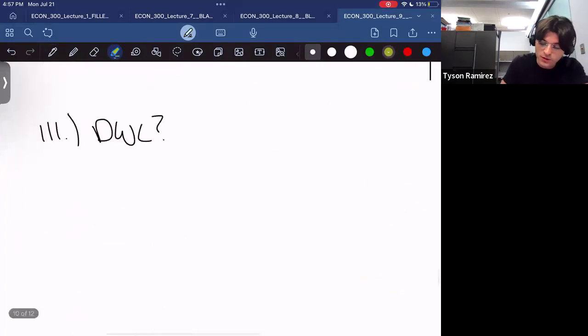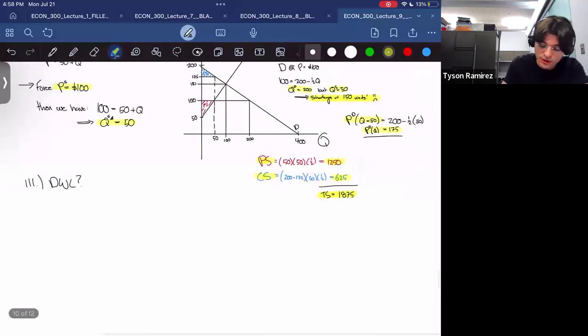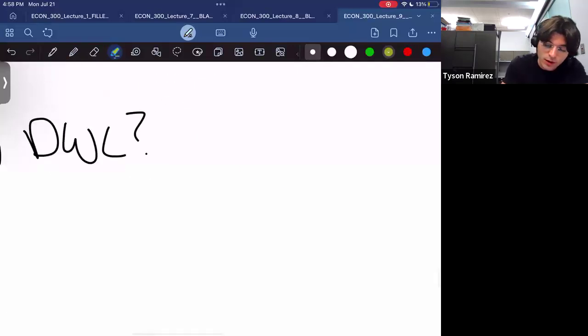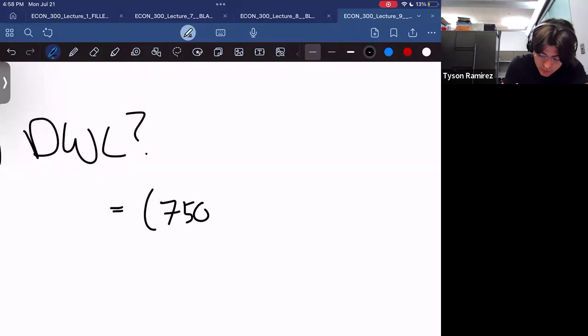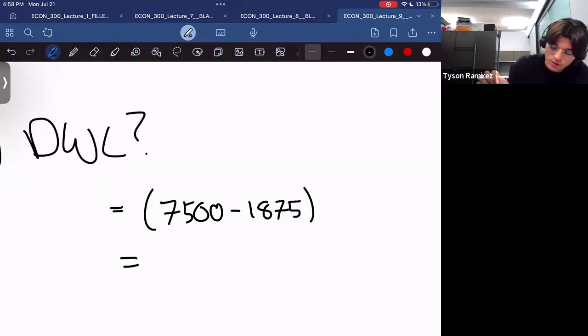So we went from 7,500 total surplus all the way down to 1875. Quite a large loss of surplus. That difference is the deadweight loss.